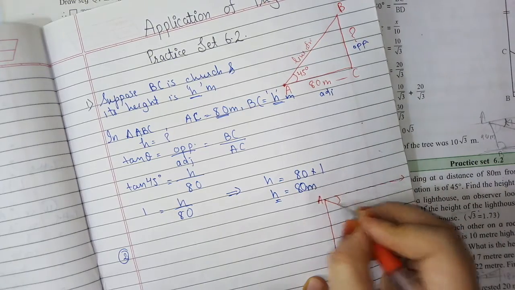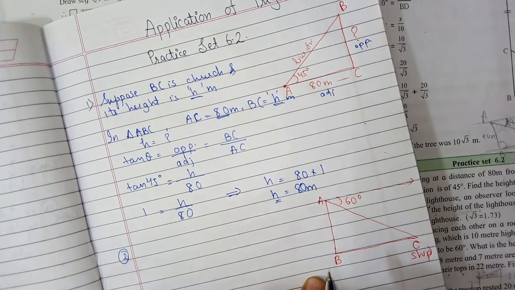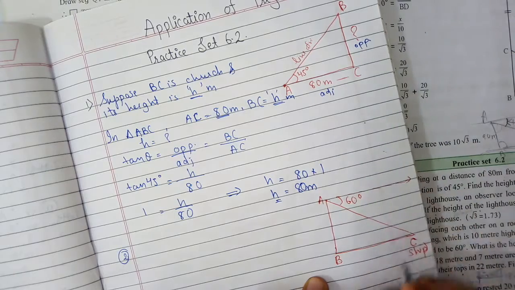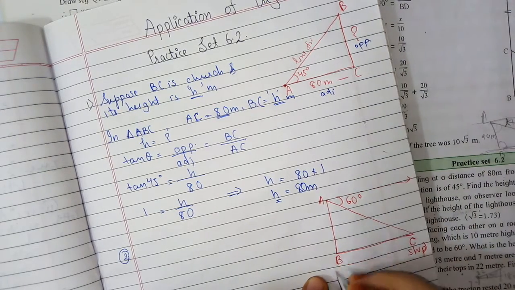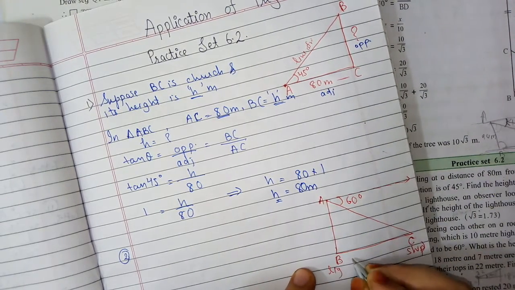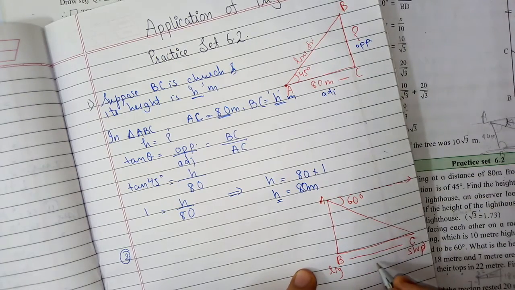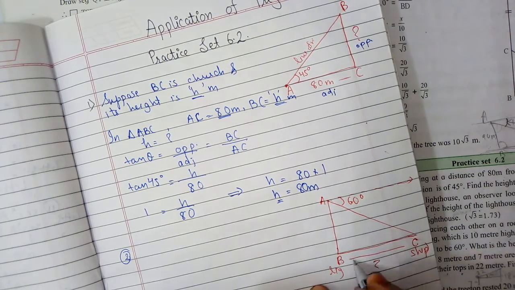So here this angle will be angle of depression. Alright, and it is our horizontal line and we have to calculate the distance. Here it is lighthouse and we have to calculate the distance between lighthouse and the ship. That means we have to calculate BC.